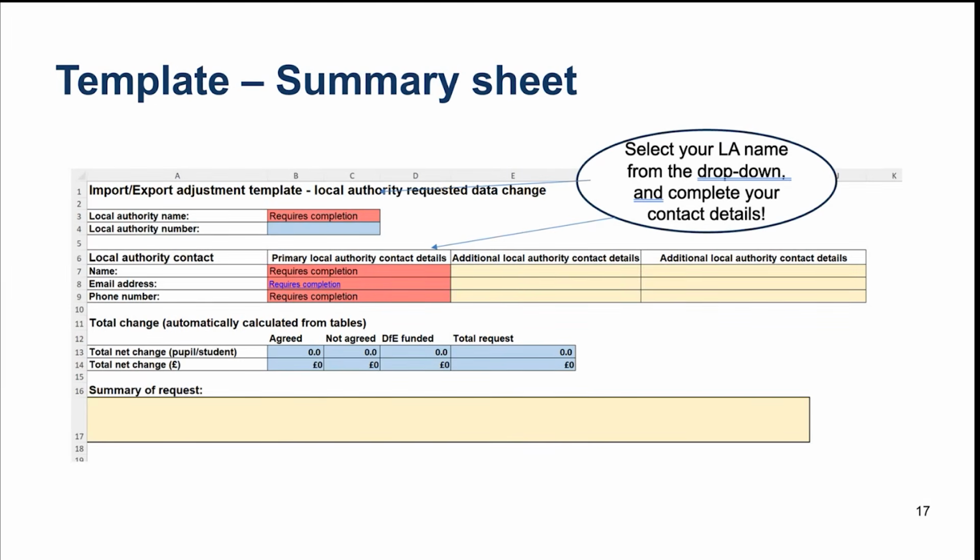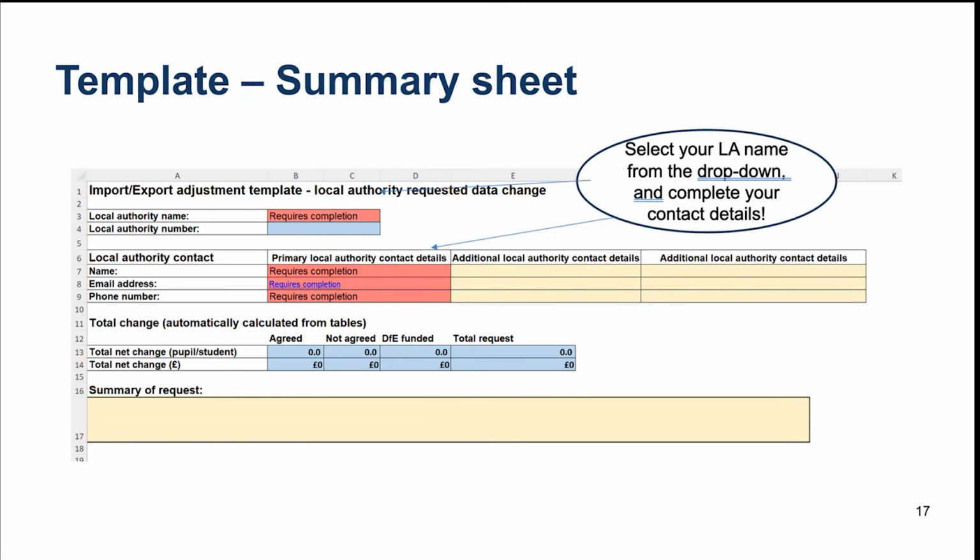So the first sheet in the template is the summary sheet. On here, simply select your local authority name from the drop-down list and complete your contact details. These are the cells in red marked as requiring completion. The blue cells are automatically populated in here, and the yellow cells are optional.